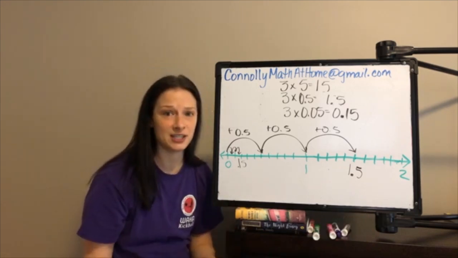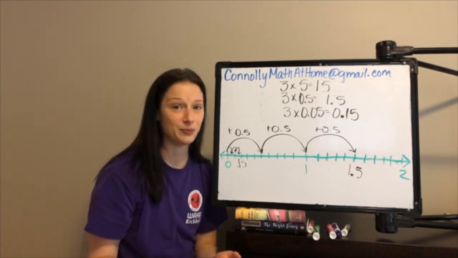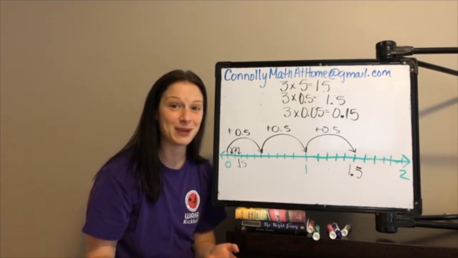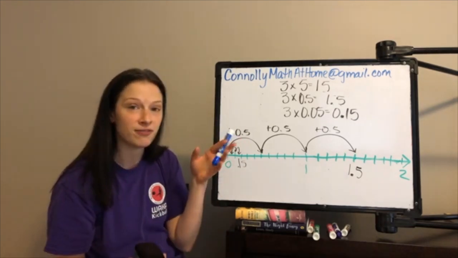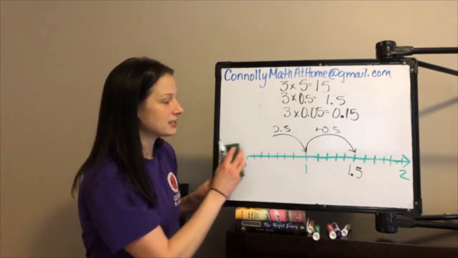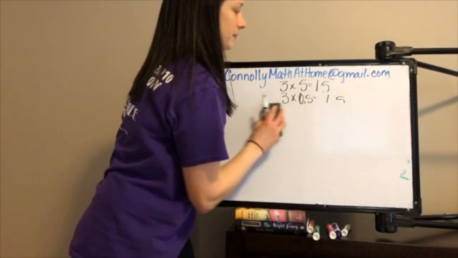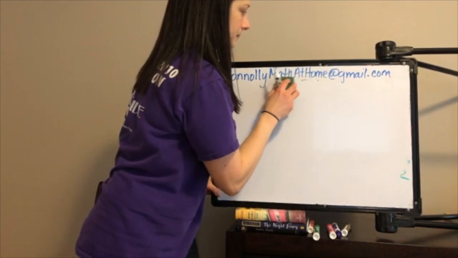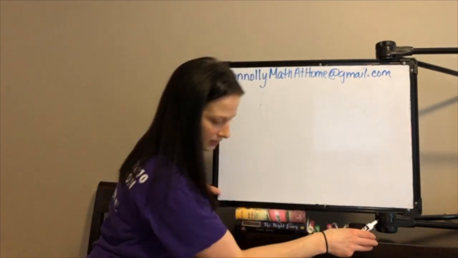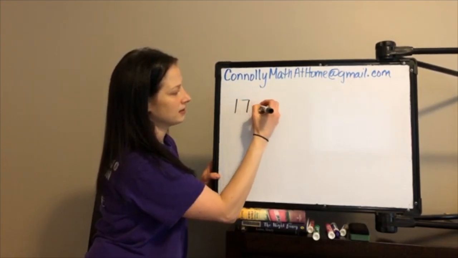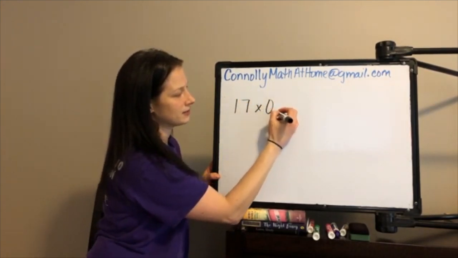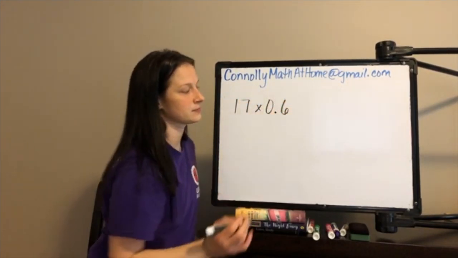So that's repeated addition. However, that doesn't always work when we're multiplying because we use numbers that are a little bit larger than 3 groups of 5/10ths. All right, so let's look at some of those. We are going to think first about 7 groups of 6/10ths.